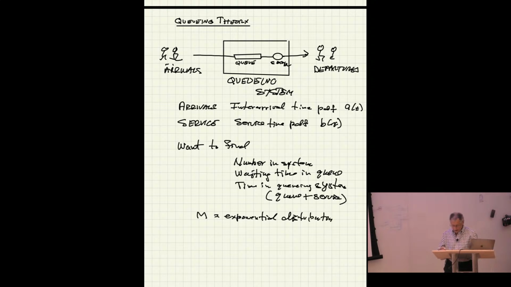Namely, in the case of the interarrival time, A of t will be lambda e to the minus lambda t. In case of service, B of x will be, say, mu e to the minus mu x. Or there's another kind of distribution we use. It's called E sub r. That E stands for the name Erlangian. It's called an R-stage Erlangian.